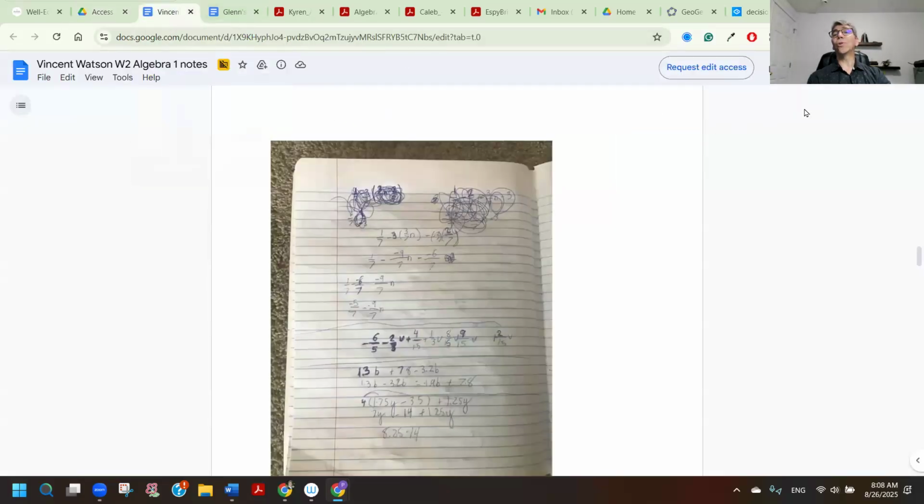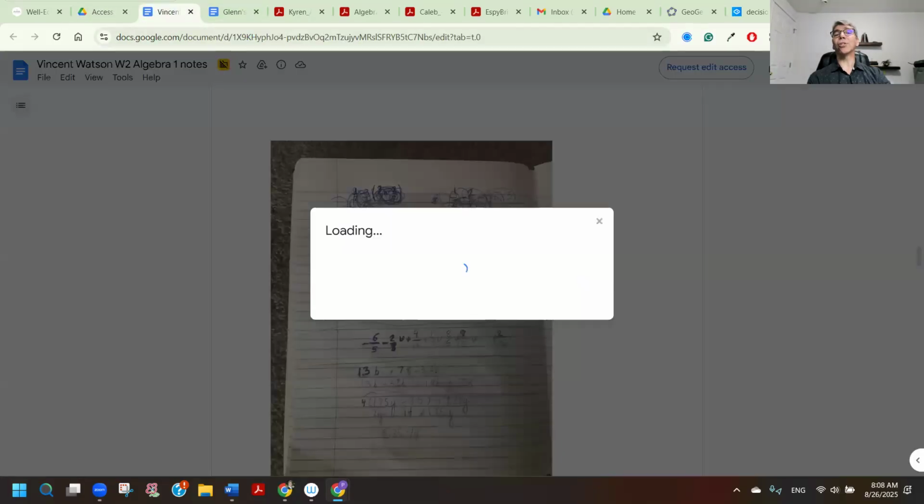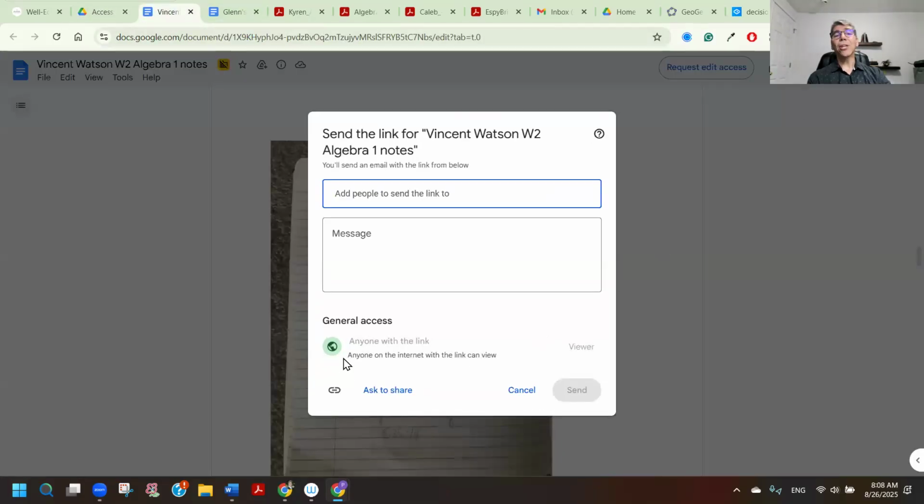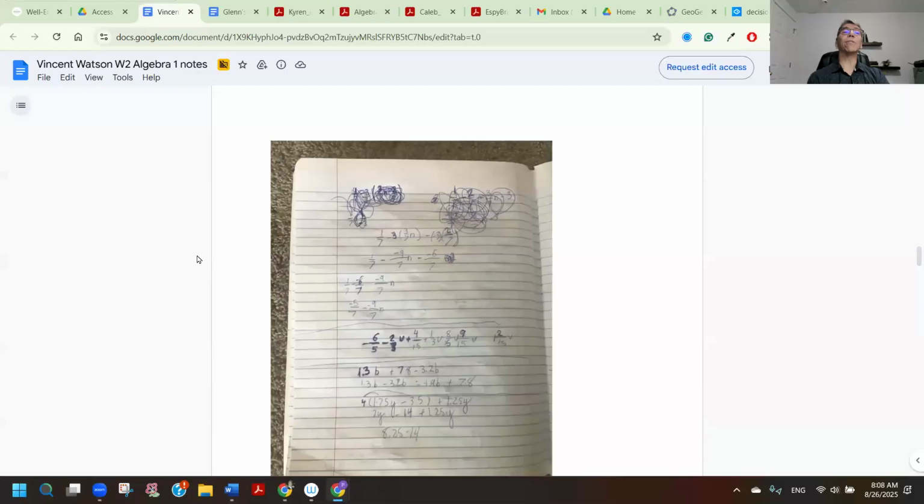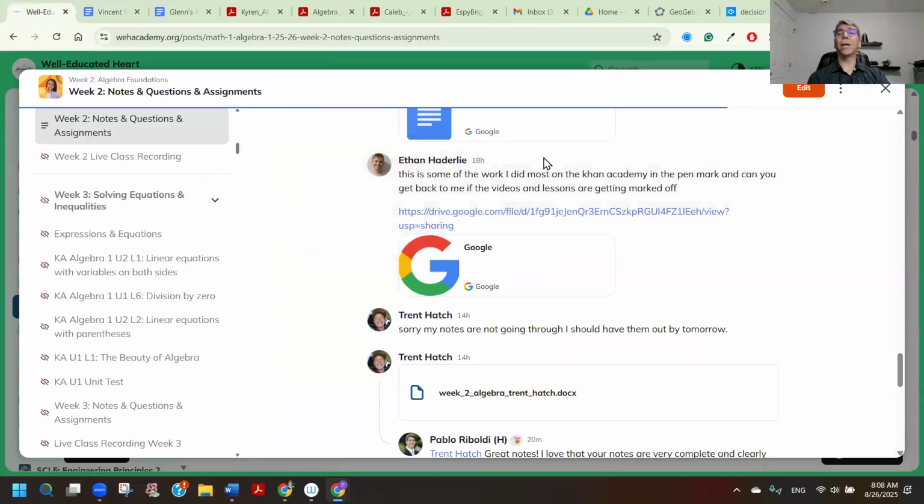So if you go to your Google document, you click here on share, all right? And you need to click in here that anyone with the link is a viewer, and then you share that link. Okay, so we don't need to ask permission for the document. Okay, excellent.